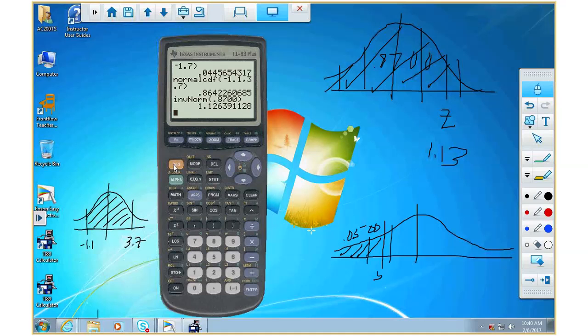Hit second, enter, and it'll pull up the last thing that you did. And that way you ain't gotta type as much. 0.05. Okay. Negative 1.65. So that z-score right here at 5% is negative 1.65.